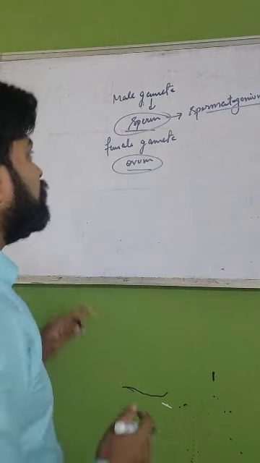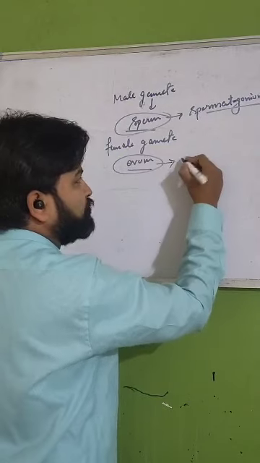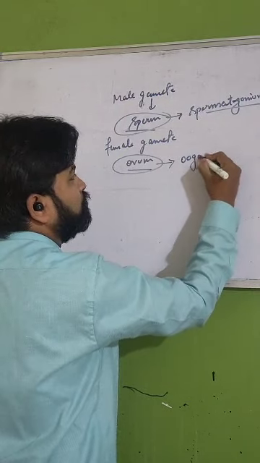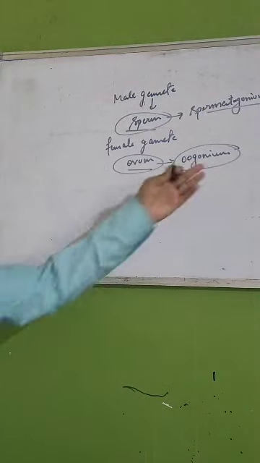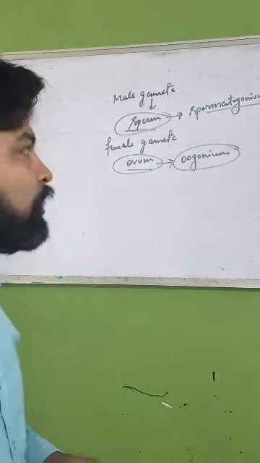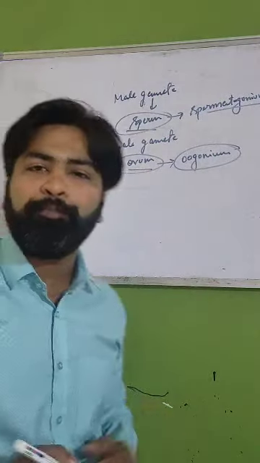And if we talk about female germ cell, it is oogonium. This oogonium produces ovum inside the ovary, and spermatogonium inside the testis produces a sperm.